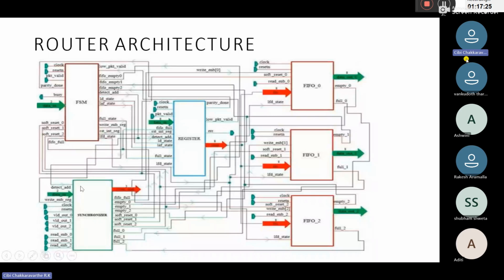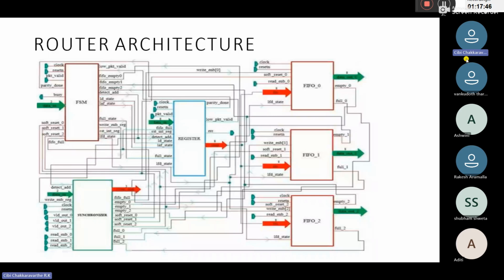So after the detect address, what should we do? We should load the first data. When should we load that first data, and for that, what should be enabled? What should be the condition to be checked before that? All this should be done at the correct time, in the correct way.